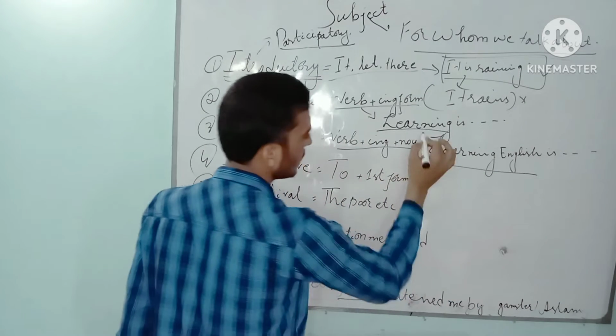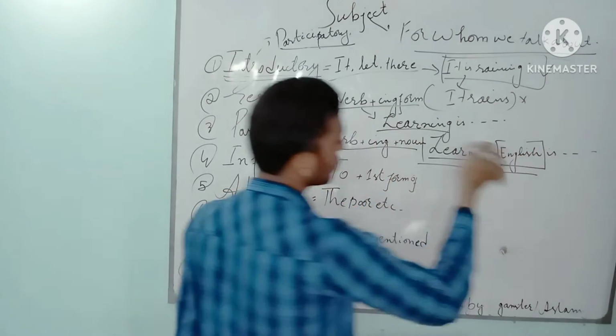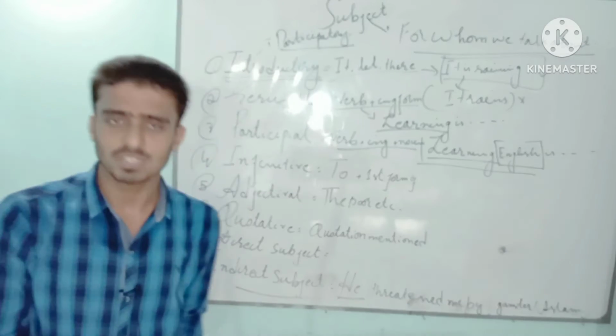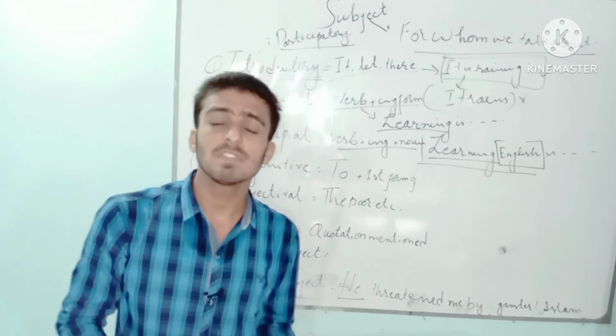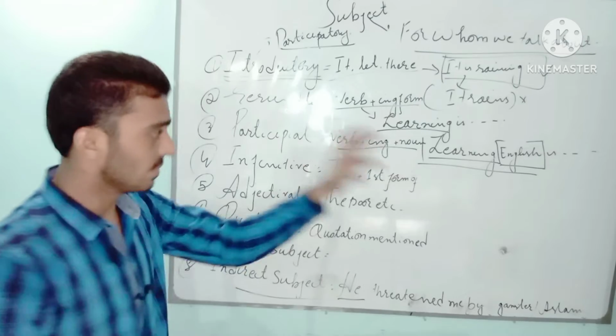Here I have used learning, and after that the noun English. So it is called the participle subject, and it has many positions. It can come at the end or in the middle of the sentence. Whenever it comes at the start of the sentence, you will say it is the participle subject.